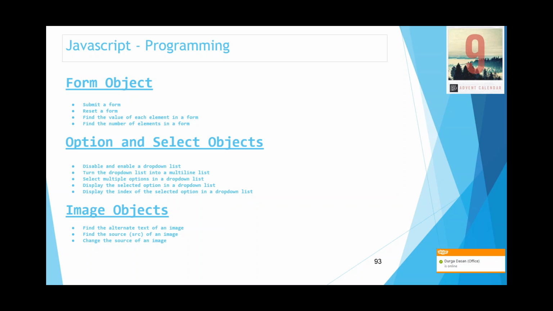Even the form object: submit a form, reset a form, find the value of each element in a form, find the number of elements in a form. Option and select objects: disable and enable a drop-down list, turn the drop-down list into a multi-line list, select multiple options in a drop-down list, display the selected option in a drop-down list, display the index of the selected option in a drop-down list.